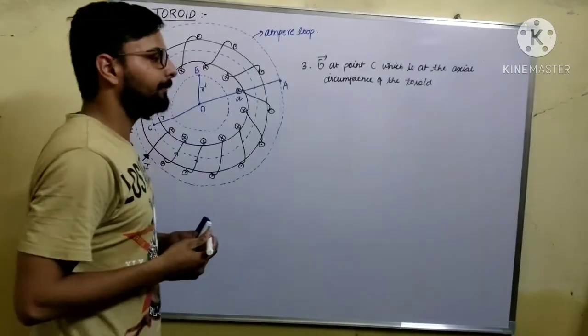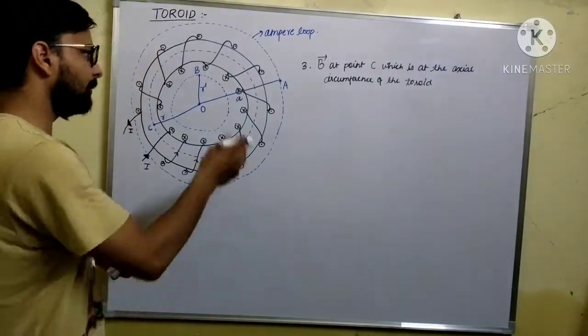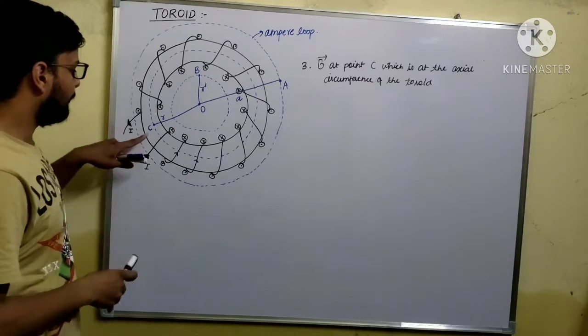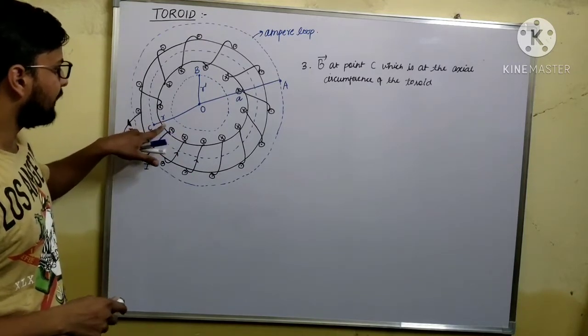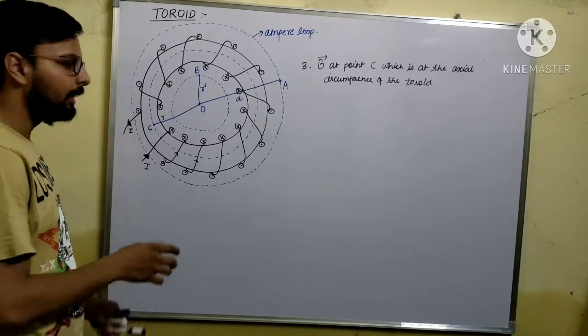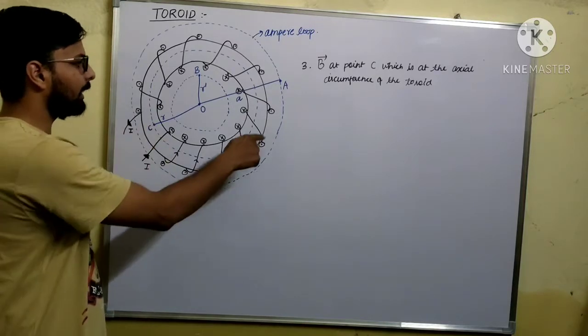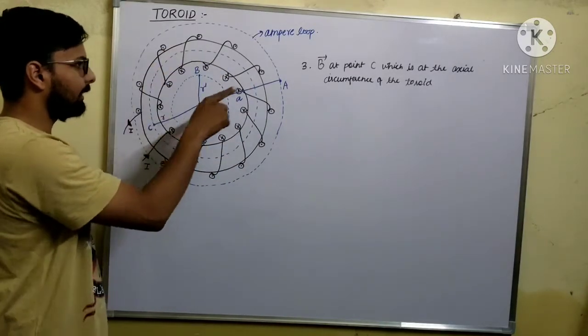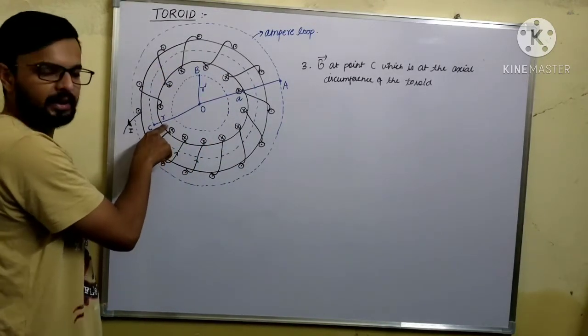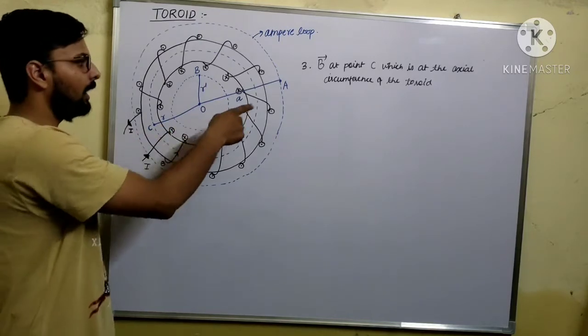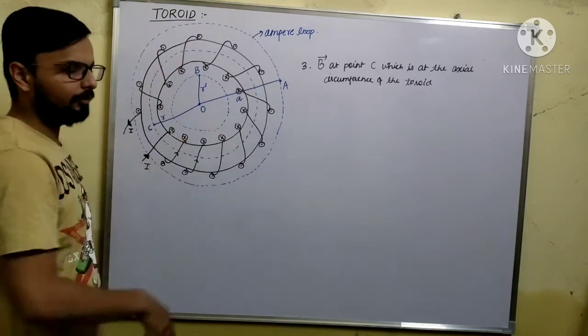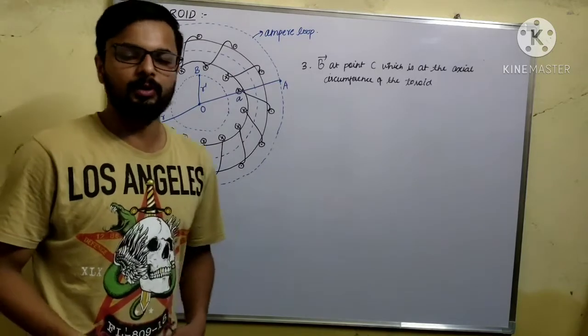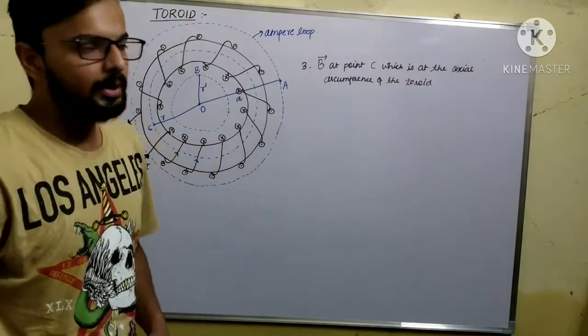Okay, so from the previous 2 points, we will take the point C, which is at a distance r from the center of the toroid, and if we take all the collection of those points at the axial circumference at distance small r from the center and join them, we will form what? We will form a circular loop, which is also an Ampere loop.